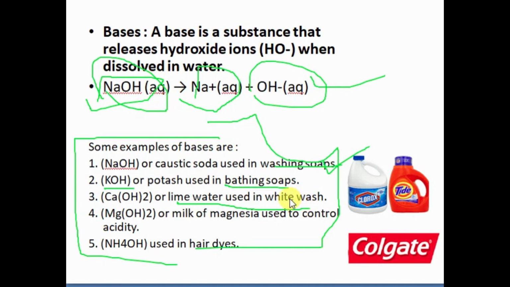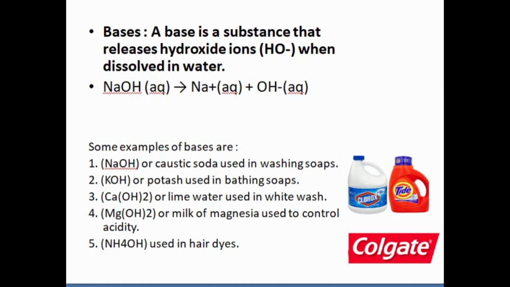Lime water is used in whitewash. Then milk of magnesia, Mg(OH)2, is used to control acidity. This is a base. And then NH4OH is used in hair dyes, and these are also bases.